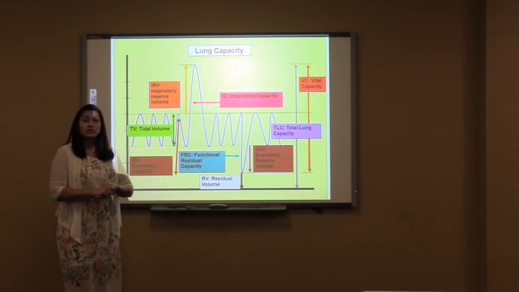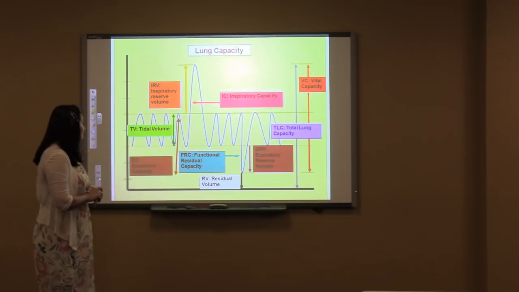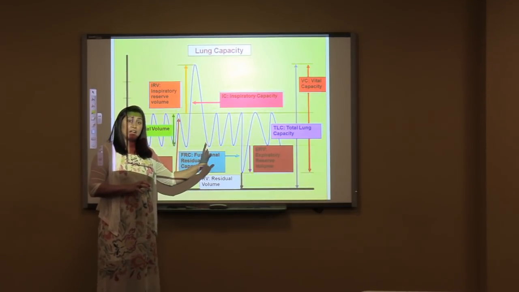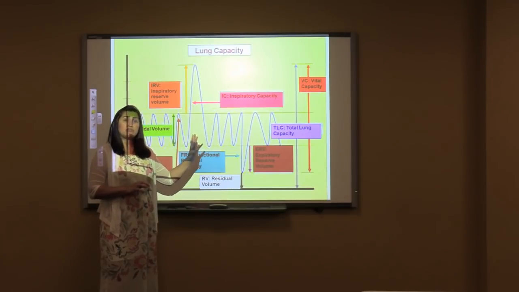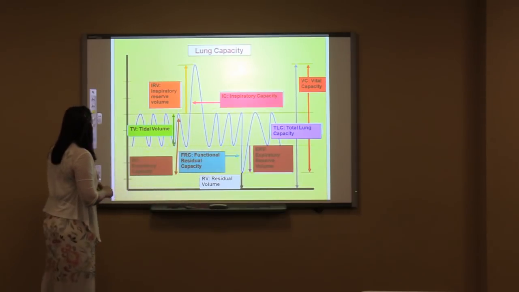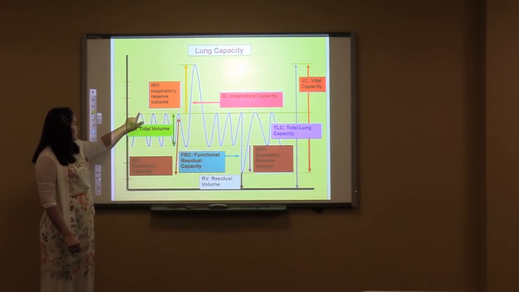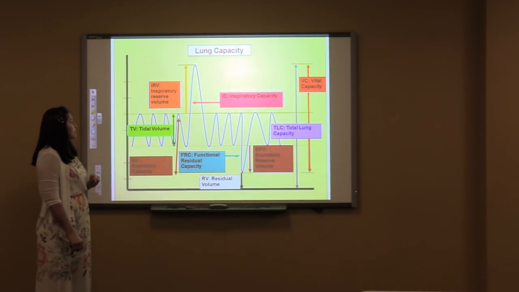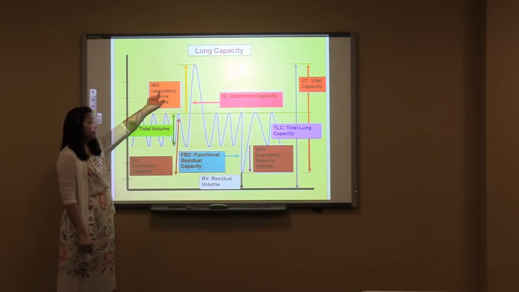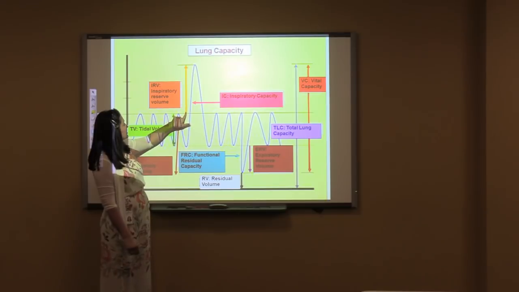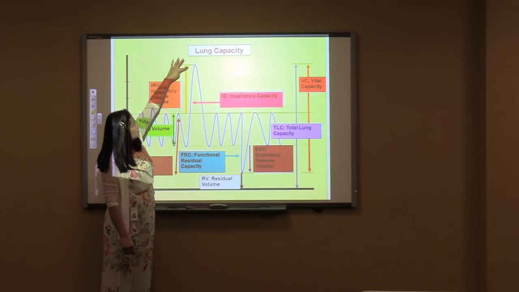Okay, now let's look at the lung volumes and the lung capacities. So in this slide, I'm just identifying the names. In the next one, I'll explain what each one means. We're going to start with TV, tidal volume. Tidal volume is this wave right here. Then let's look at IRV, inspiratory reserve volume. It's from here to here.